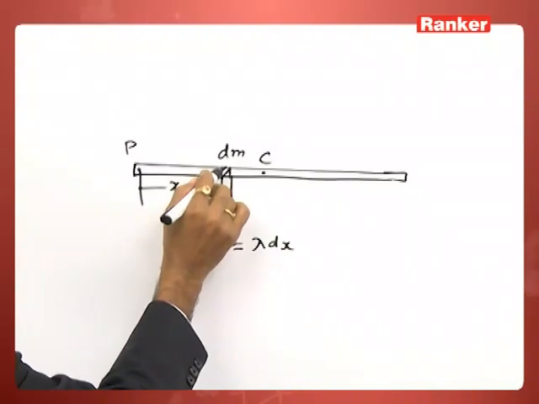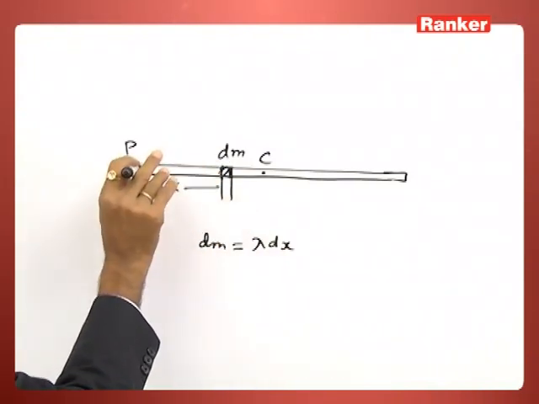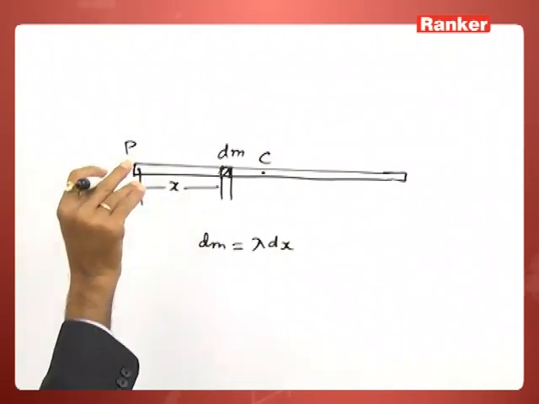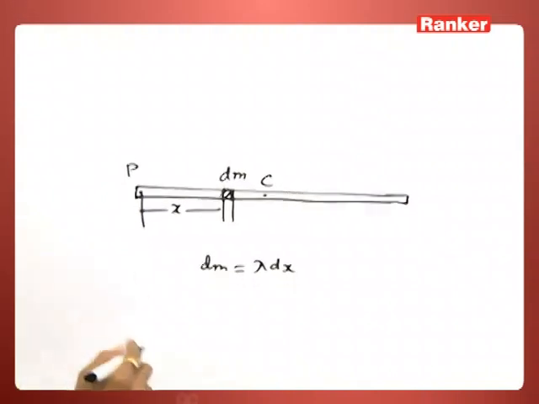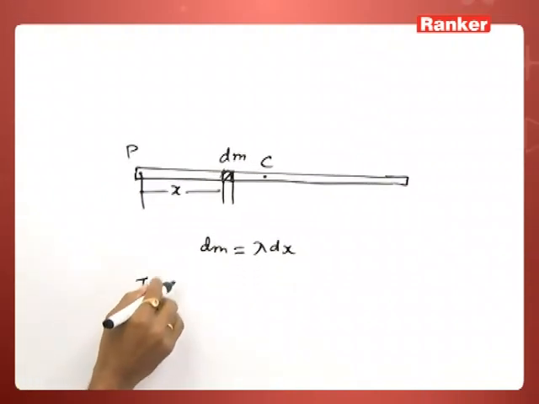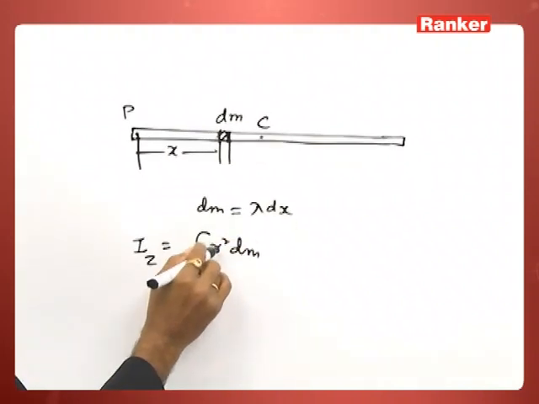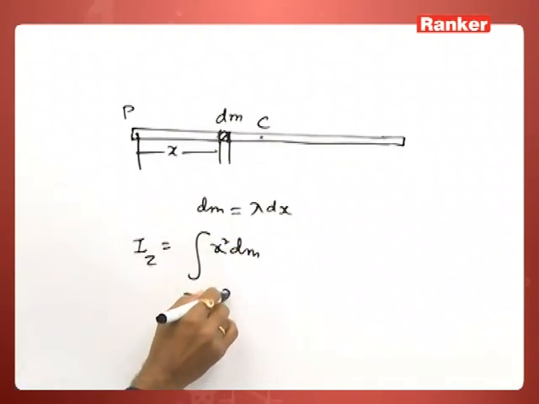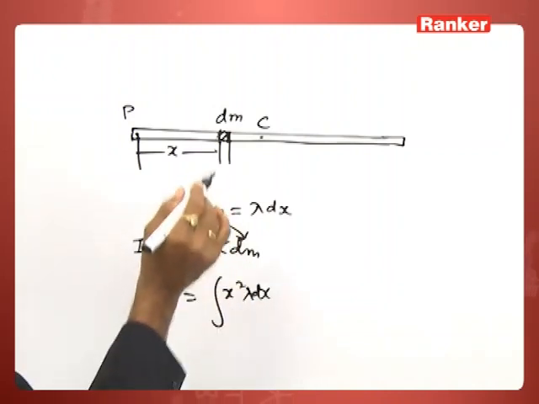The moment of inertia of the small segment, it behaves as a particle, about this axis, say z axis, can be written as r square dm or x square dm. Here dm is equal to lambda dx.